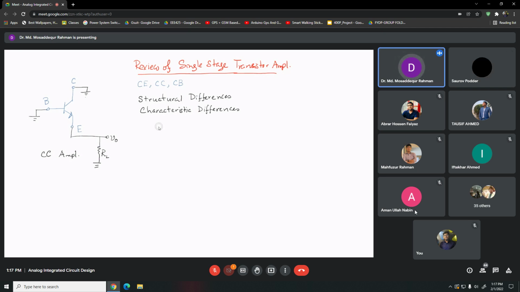Right. Input we apply to the emitter, and output we take from the collector.